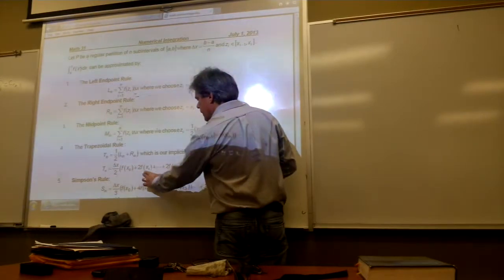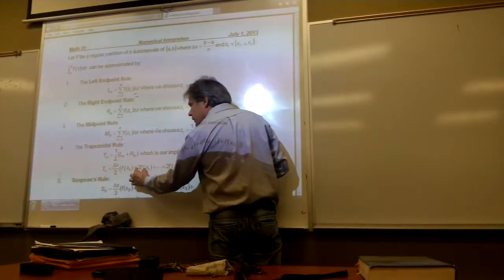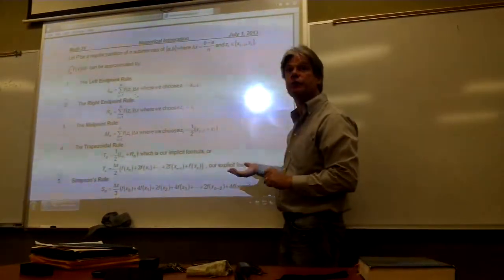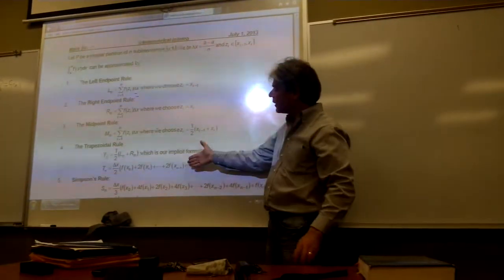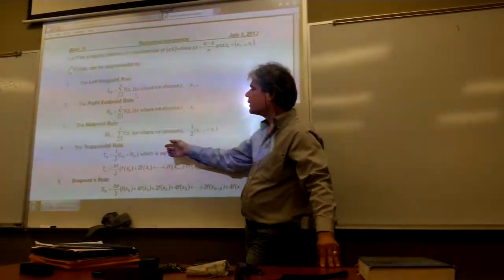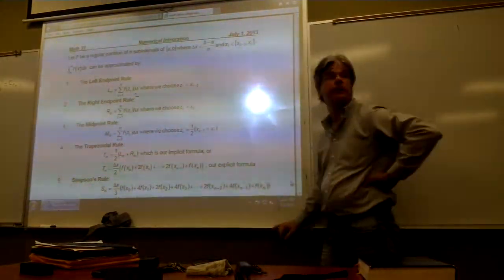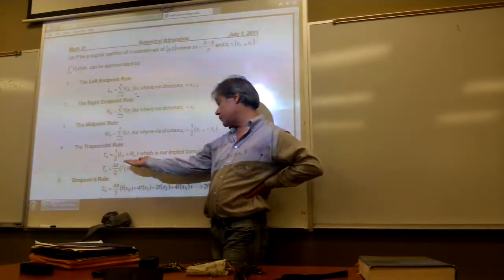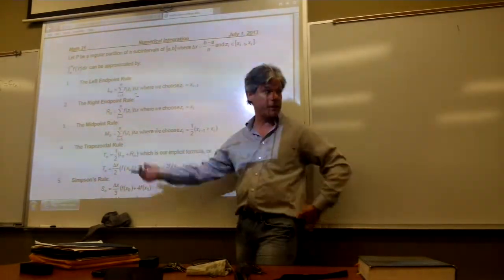With all these terms in the middle having a coefficient of 2, break it up into f of x1 plus f of x1, then f of x2 plus f of x2, and take half of them and pull them off to the side. What you're going to end up with right here is nothing more than the left endpoint rule. And what you end up with at the end is going to be the right endpoint rule. You could, if you wanted to, if you'd already computed these two, use this particular implicit formula to generate the result of using the trapezoid rule with n subdivisions.